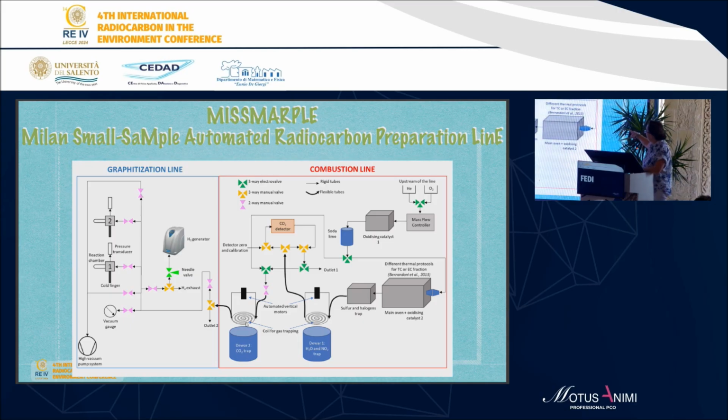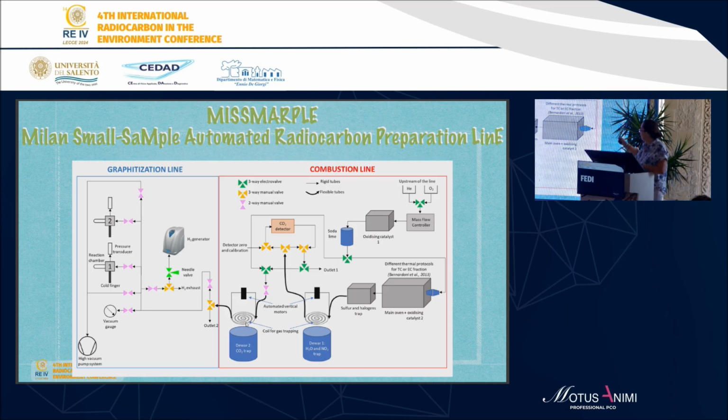So filters are inserted directly in the main oven. Then the CO2 evolving travels along the line. First it travels across a sulfur and halogen trap. Then there is a succession of two thermal traps made with liquid nitrogen, and the different temperatures are achieved by changing the relative position between the coils and the dewar with liquid nitrogen in.